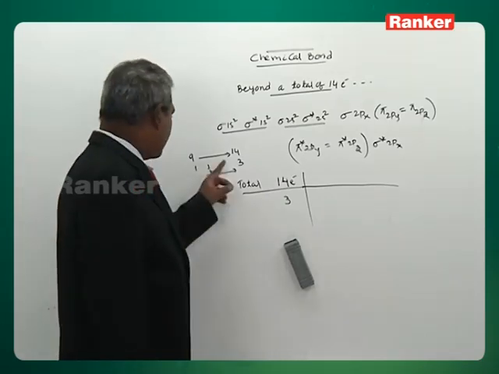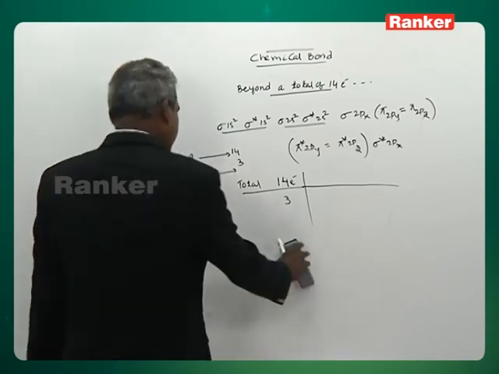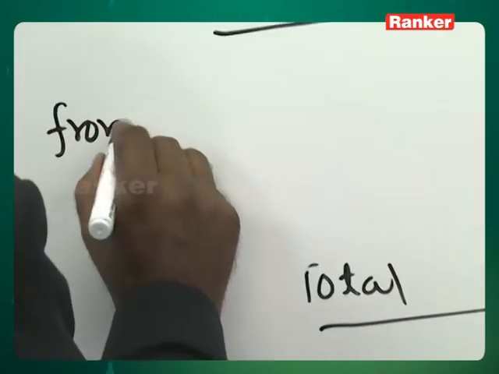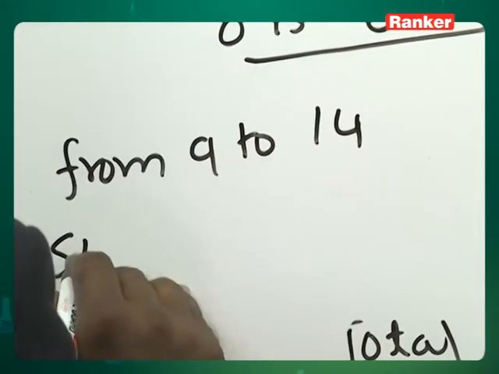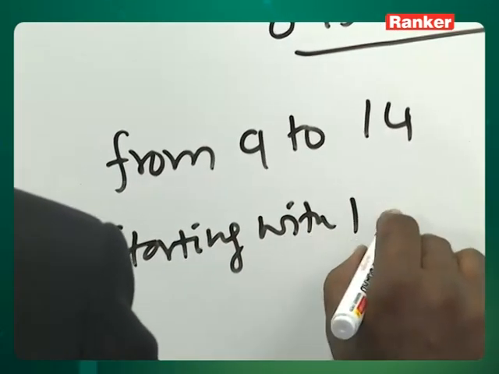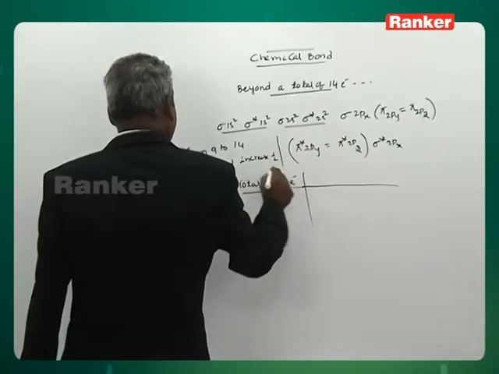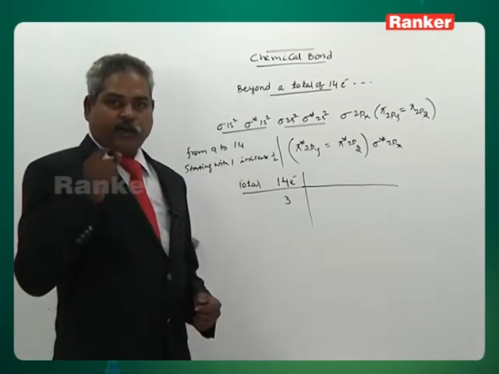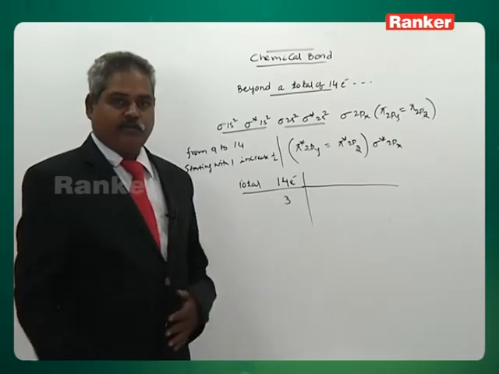For every 1 electron, increase the bond order by half until you get 3. And after 14, for every additional electron, decrease the bond order by half.